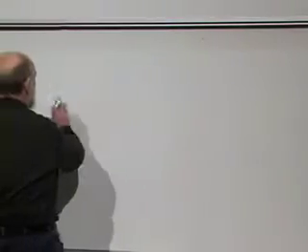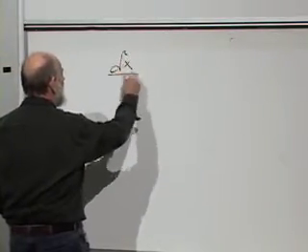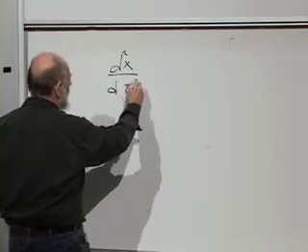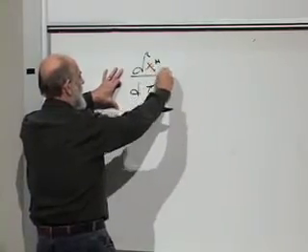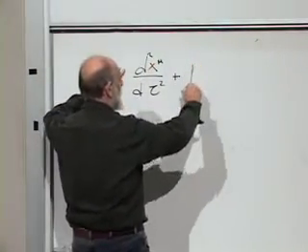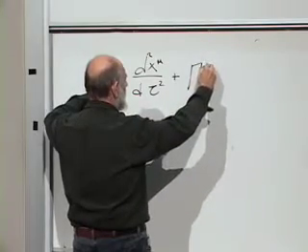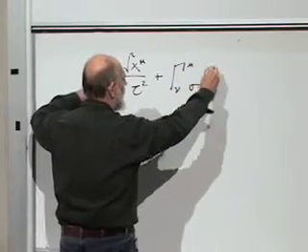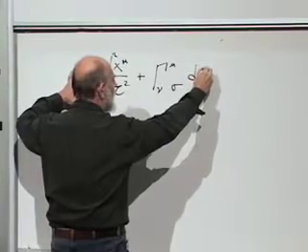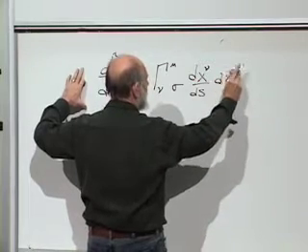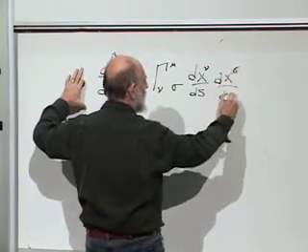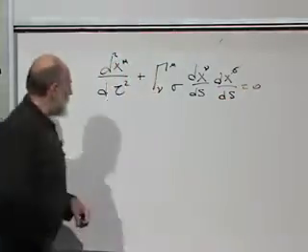for the following reason. The equation for your geodesic in terms of the tangent vector has been d second x by ds squared, or d tau squared, plus, anybody remember what else there is? That's the equation for a geodesic.